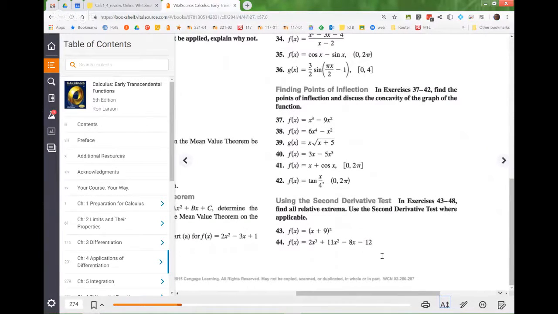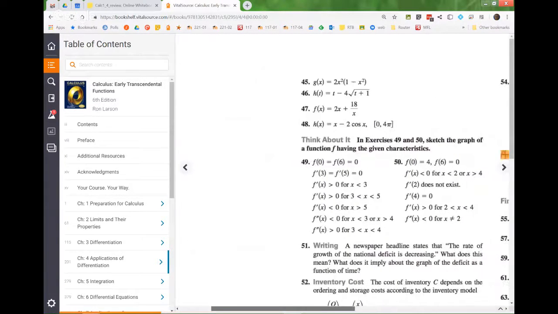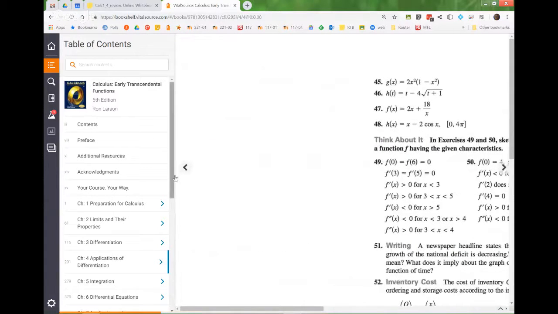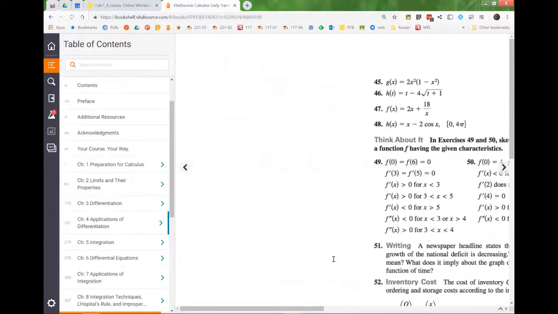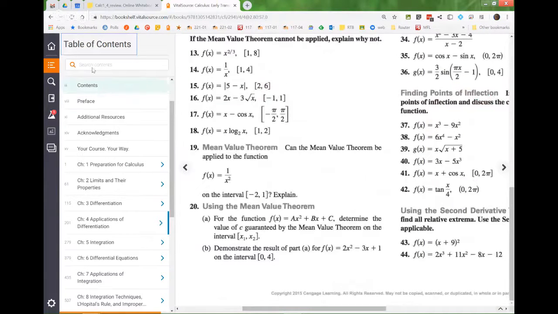Whichever ones have to do with finding an interval where concavity changes, the interval where it's concave up. Let me just see what's on the next page here. Okay, so that would be in that section starting with number 43.